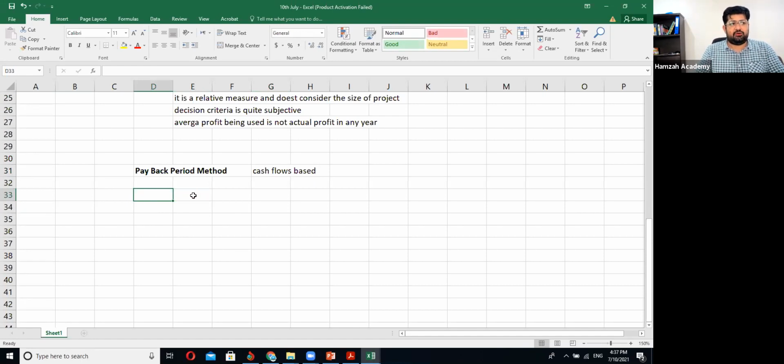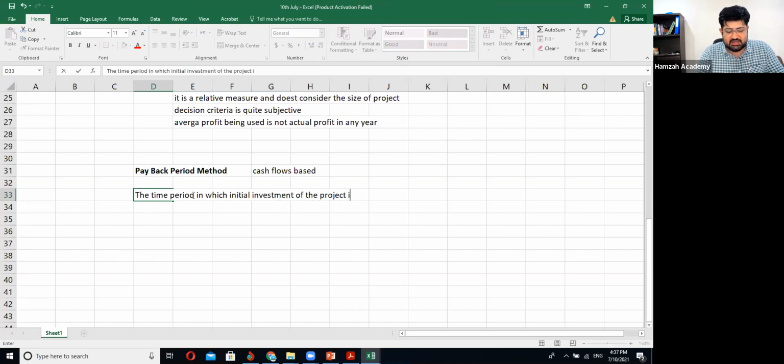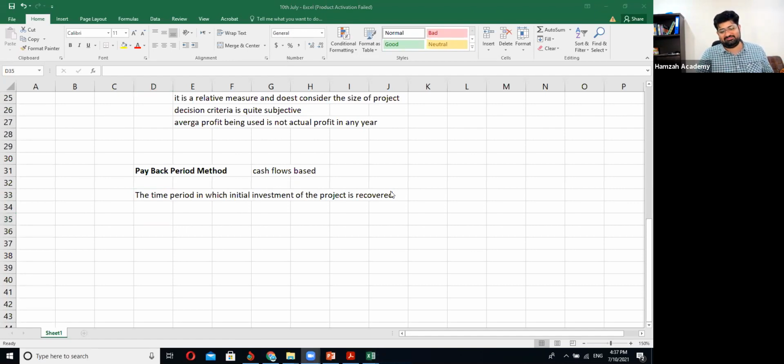So student, for example, there is a project. What is payback period? The time period in which the initial investment of the project is recovered is called the payback period of the project.